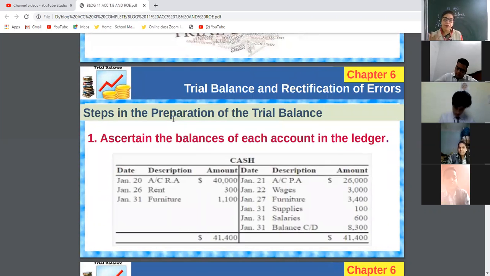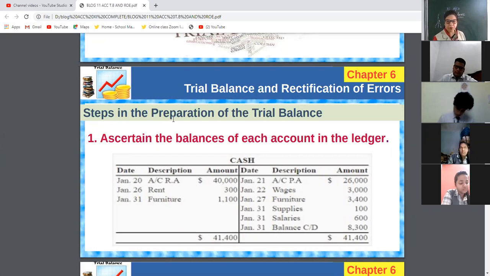That was the answer to why to prepare. Now the question is how to prepare the trial balance. What are the steps in the preparation of the trial balance? How to prepare a trial balance.